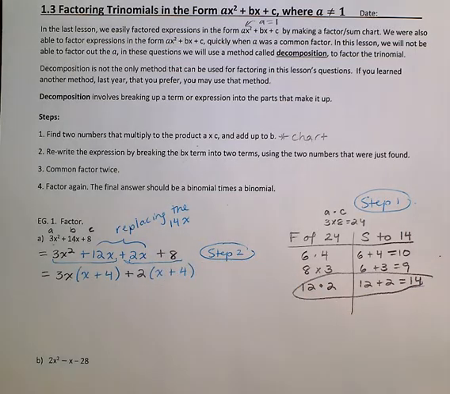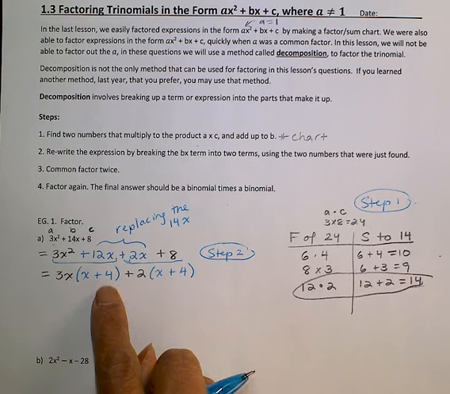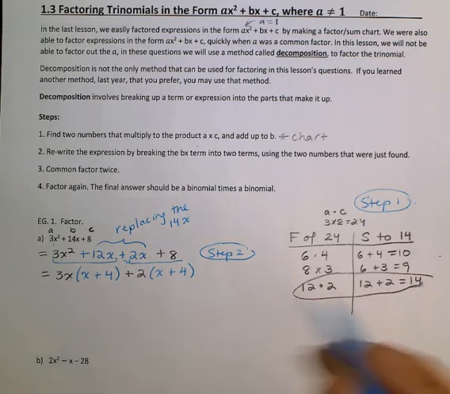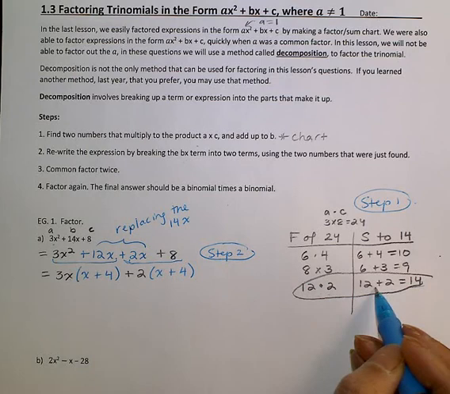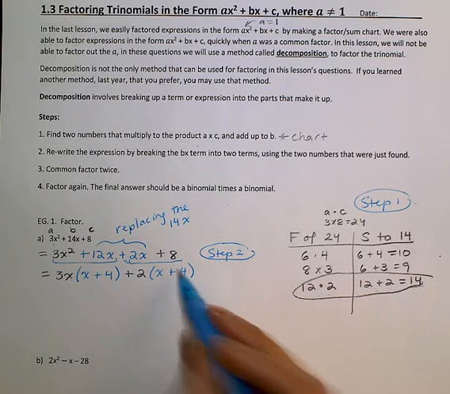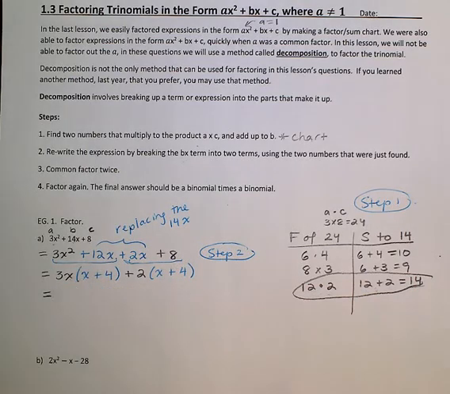Now it is not a coincidence that we get the same two factors, x plus 4. This is always going to happen if you can find the combination of numbers that work in your table. Okay, if you're not getting this exact same parts here, you're doing something wrong. Okay, so that was step 3.